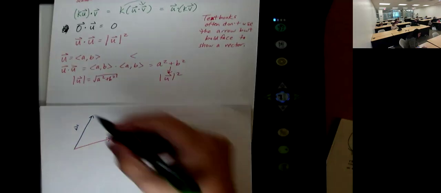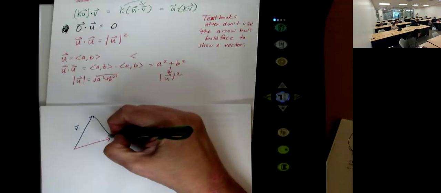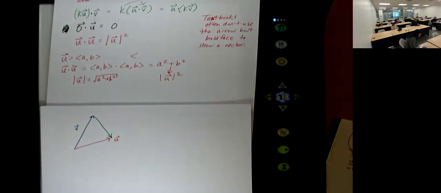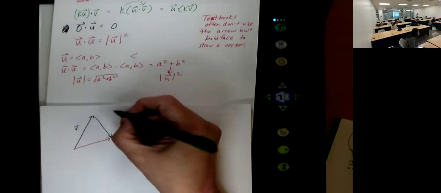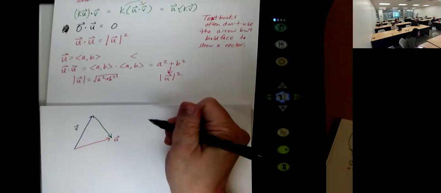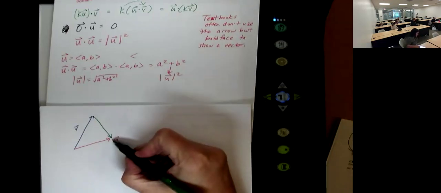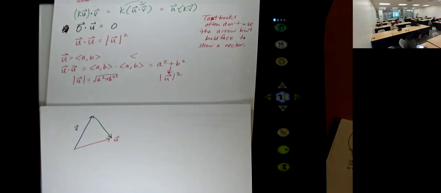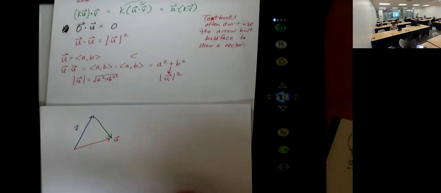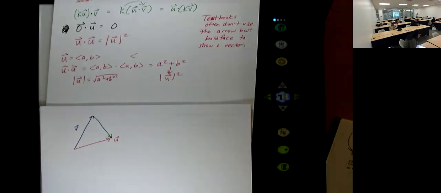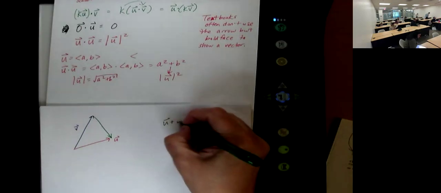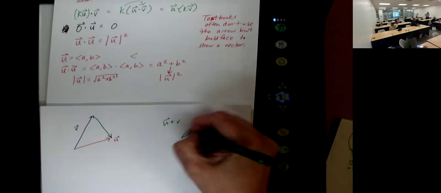The vector going from here to here is, let's see, I'll do this right. That's like, if I were adding them, u plus v is like this, would be longer.